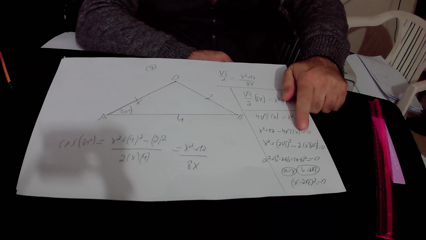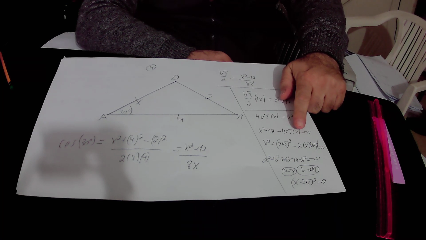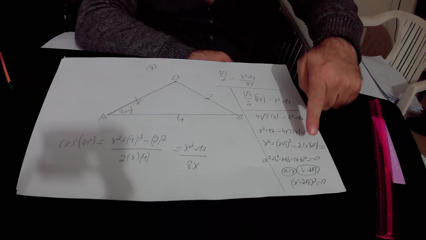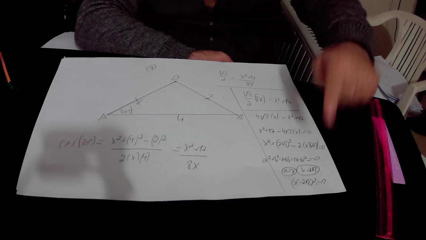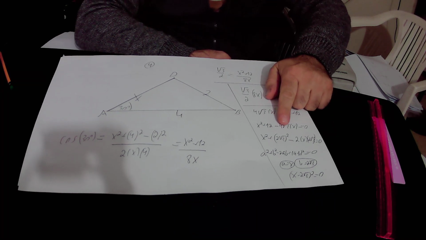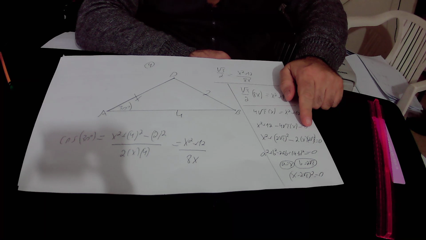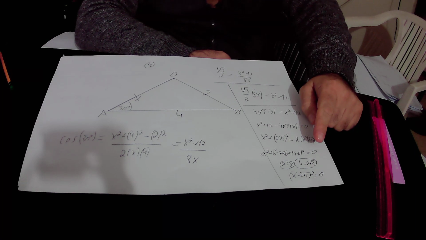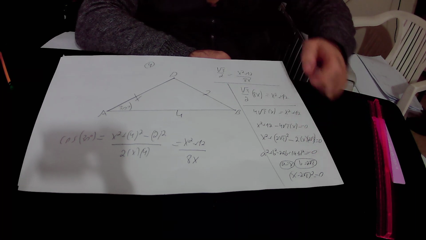This expression is very similar to the algebraic identity that a squared plus b squared minus 2ab equals a minus b squared. In our specific expression, a equals x and b equals 2 times square root of 3. So a minus b squared is x minus 2 times square root of 3 squared, which equals 0.